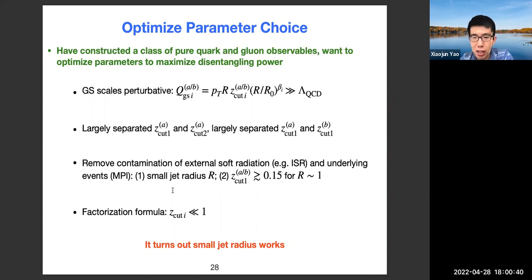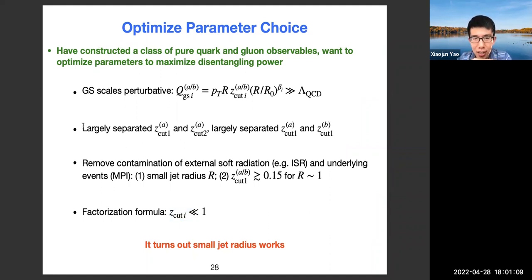And then in proton-proton collisions, there are soft contaminations from the underlying event or initial state radiation. And we want to get rid of those soft contaminations. We can do that by using either a small jet radius, or we apply a strong soft drop grooming here for R equals 1. And also our factorization formula requires the z-cut parameters to be much smaller than 1.